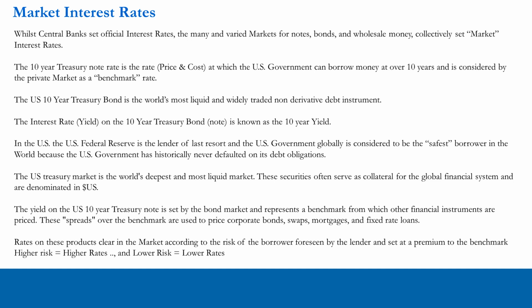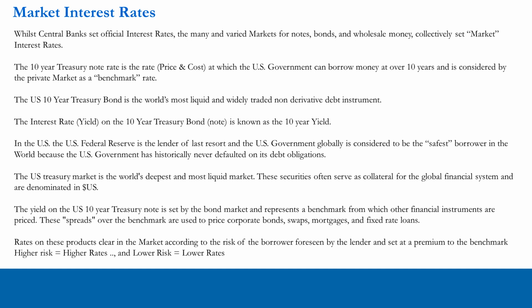Okay. Rates on these products clear in the market according to the risk of the borrower. And that's foreseen by the lender themselves and set at a premium to the benchmark. And it's just a basic approach, guys, right? Higher risk is higher rates. Lower risk is lower rates. So if a lender sees a company as high risk, they're going to have a higher rate, so a much larger spread over the 10-year Treasury note, the 10-year benchmark yield.